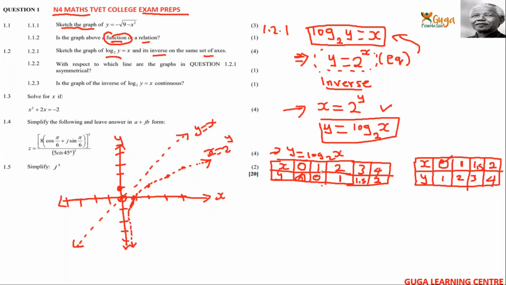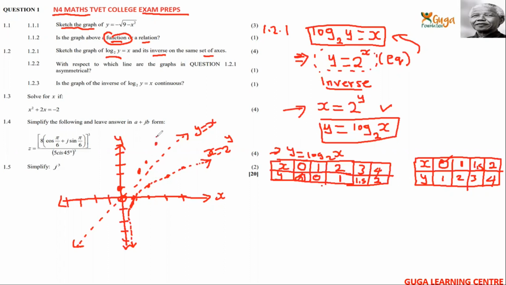Here it was 1 and 0, 0 and 1, so 2 and 1 is going to be 1 and 2, okay? 1 and 2 is somewhere here. And 1.5 is to 3. Let's say it's here. And then 2 is to 4, somewhere here, right?